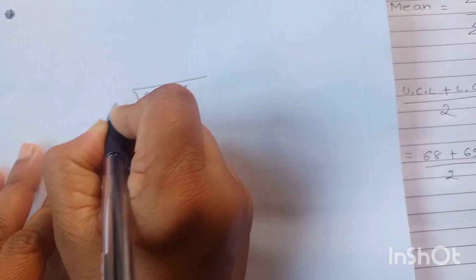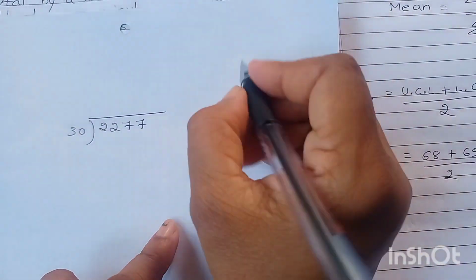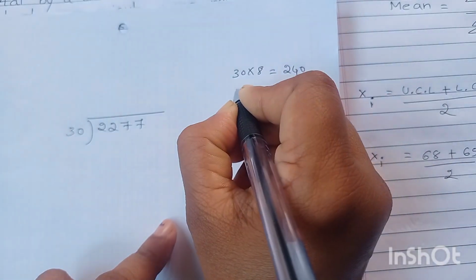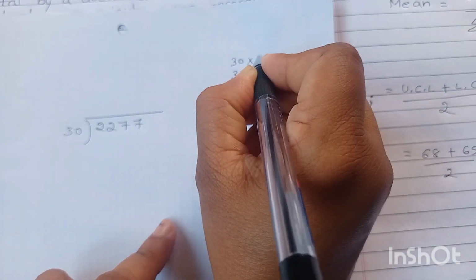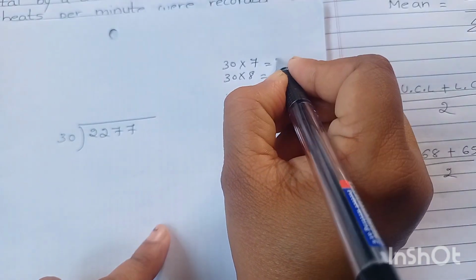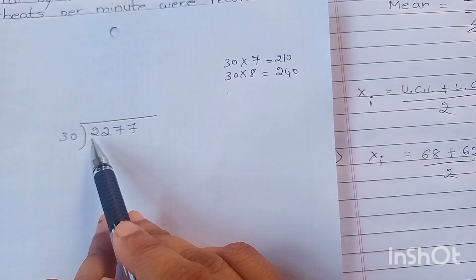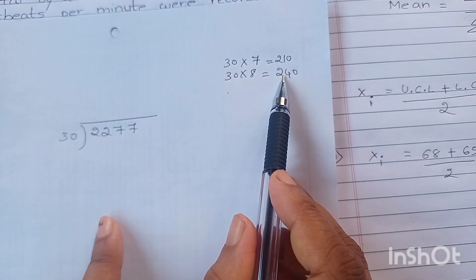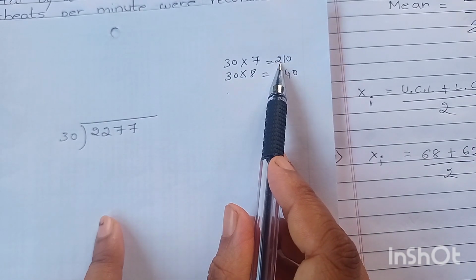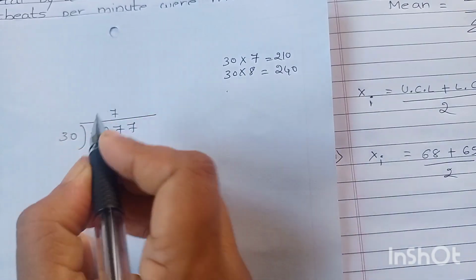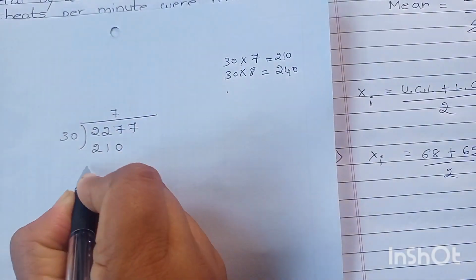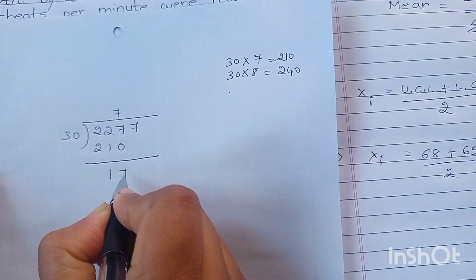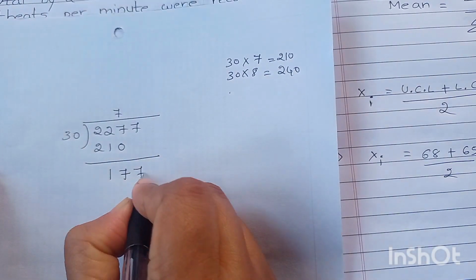That is 2277 by 30. Look at this. 30 8s are 240. 30 7s are 210. Since 227 is less than 240, therefore we have to take this one. 30 7s are 210. That is 227 minus 210, how much? 17, and we have to bring this 7 down.